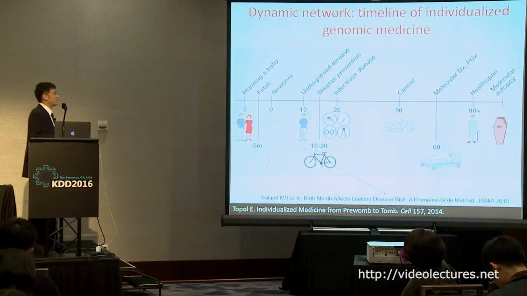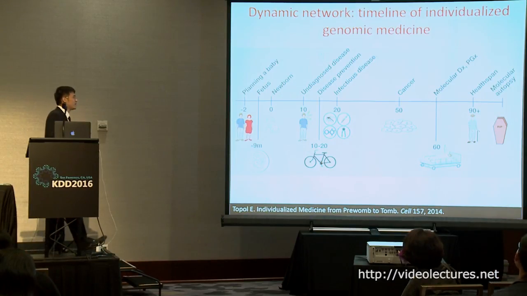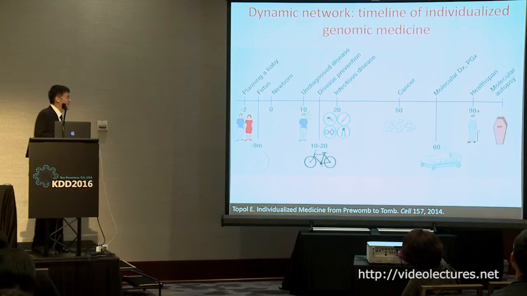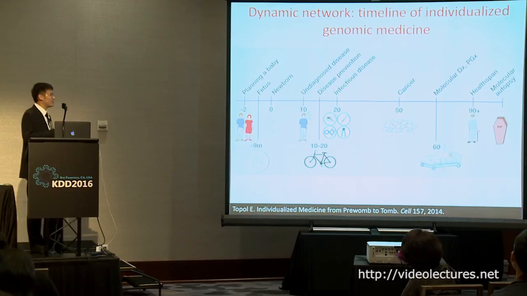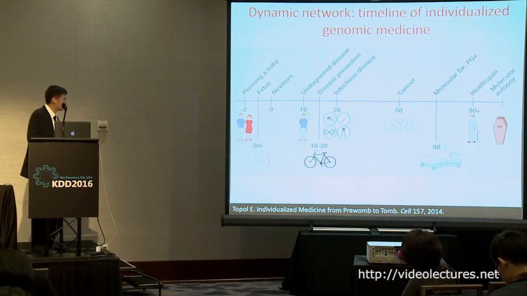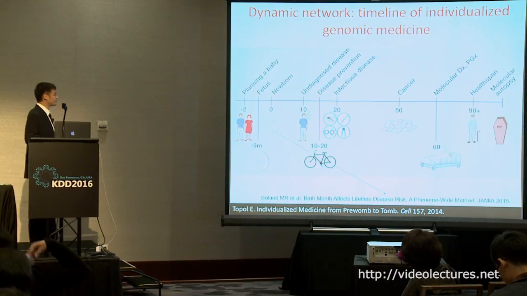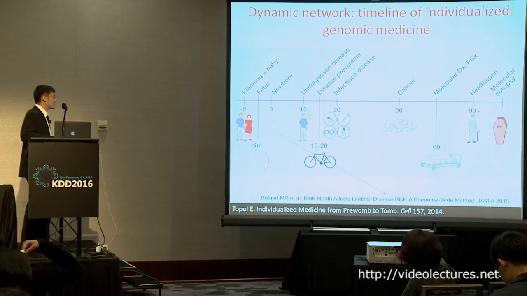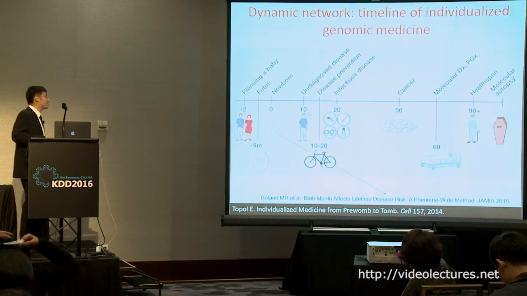Even when people die, I think their information can also contribute to their child, right? They can do some autopsy and contribute their gene, contribute their information to their child.